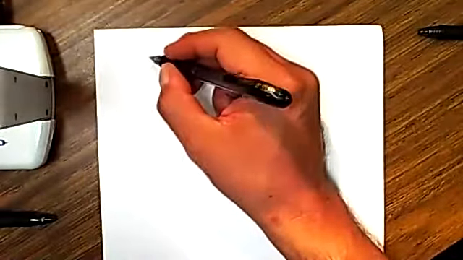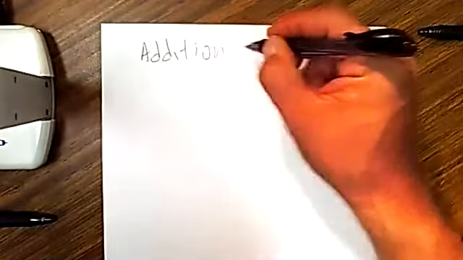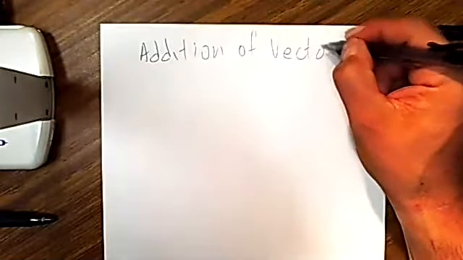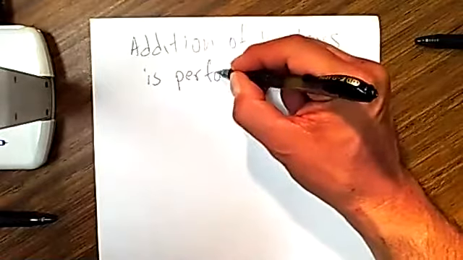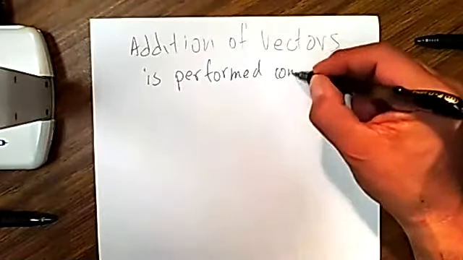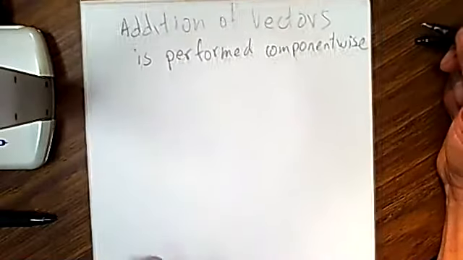So how do we add vectors? Well, we can only add vectors of the same dimension. Vectors of different dimensions live in 2 different planets. They cannot really be put together. But if they're of the same dimension, then we can add vectors. So addition of vectors is performed component-wise.